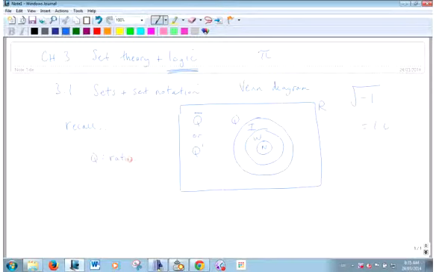This is rational numbers. So this, or this, stands for not Q, which means not rational. But we have a word for that. We don't say not rational. We say irrational.